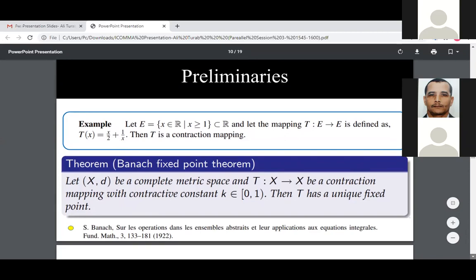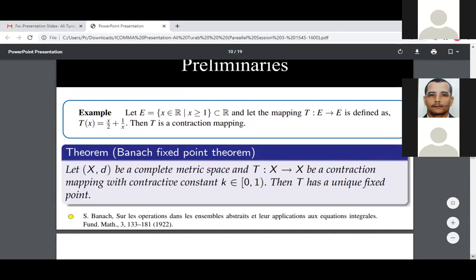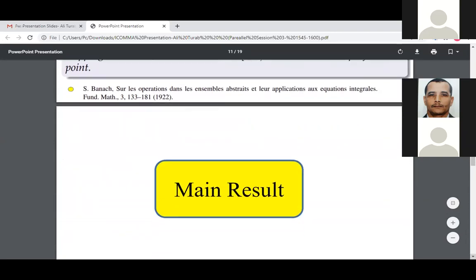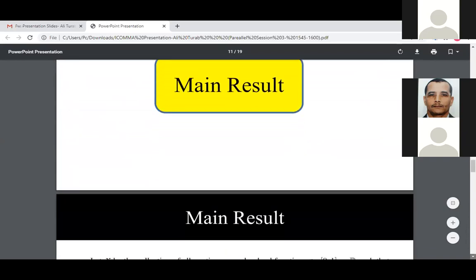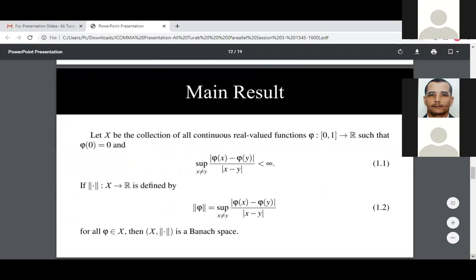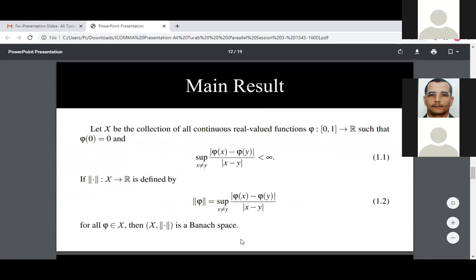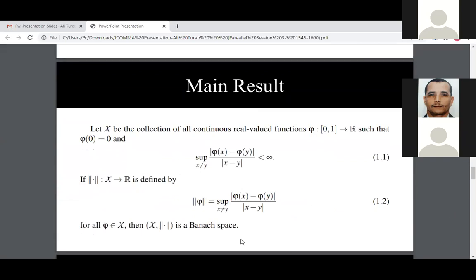Our aim is to apply such a theorem to our functional equation and find the existence and uniqueness of the solution. So let's move to the main result. Before moving to the main theorem, we need some technical results. For example, we need to define a space.